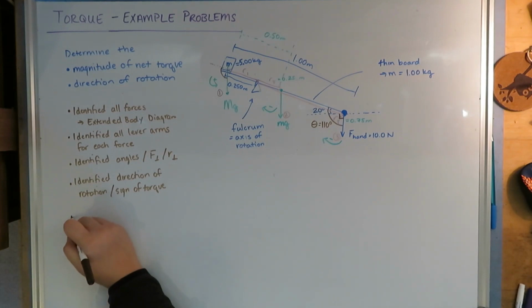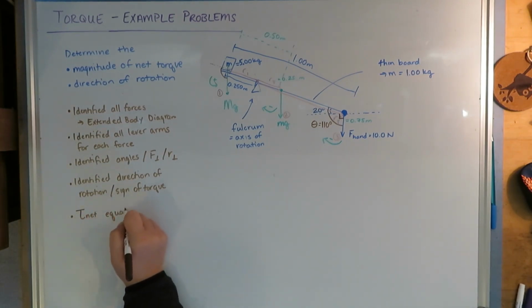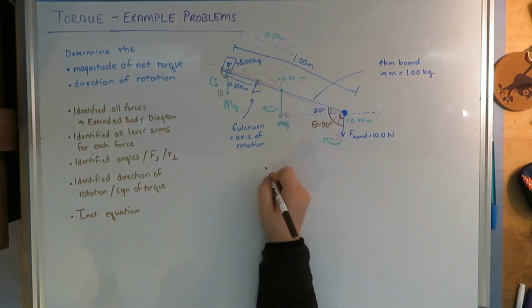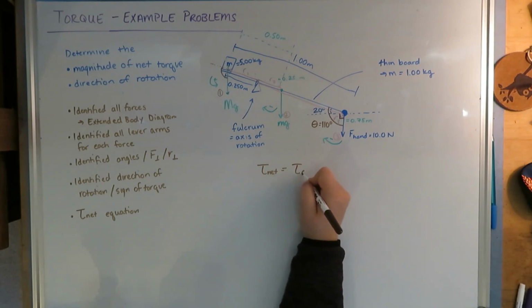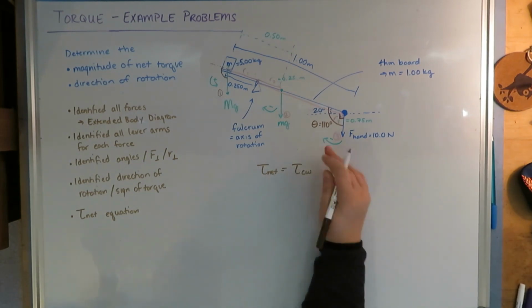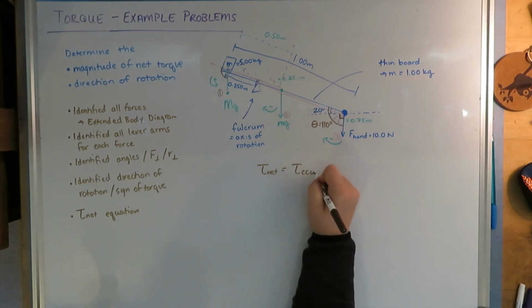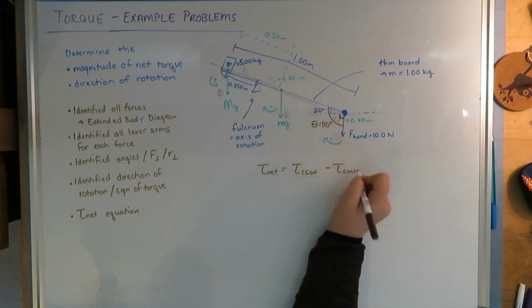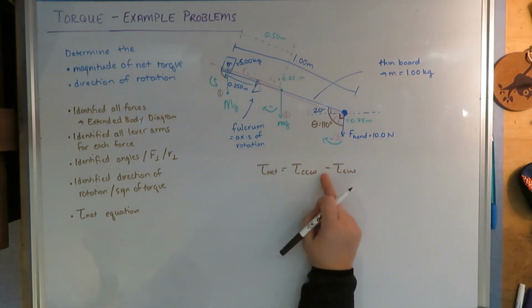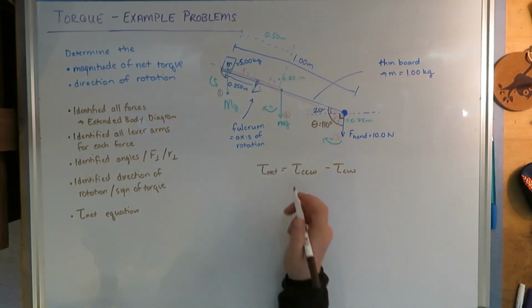So the next thing we need to do is write a net torque equation. My net torque is going to be my torque counterclockwise, because those are positive, minus my torque clockwise. I'm going to use magnitudes for these so that I only have to account for the negative once.